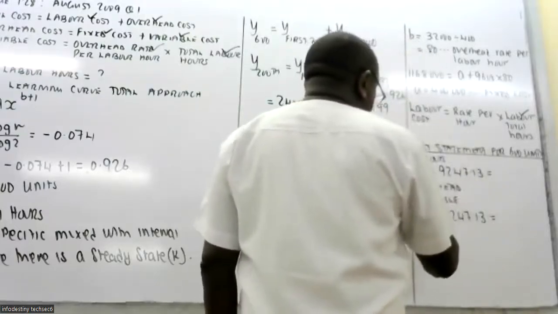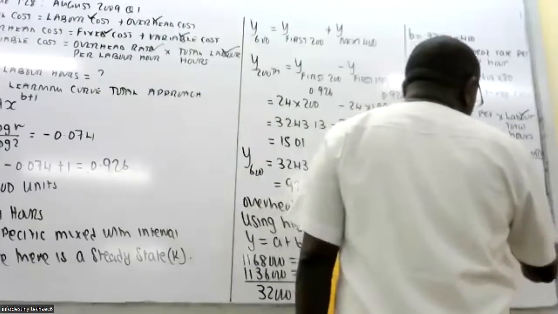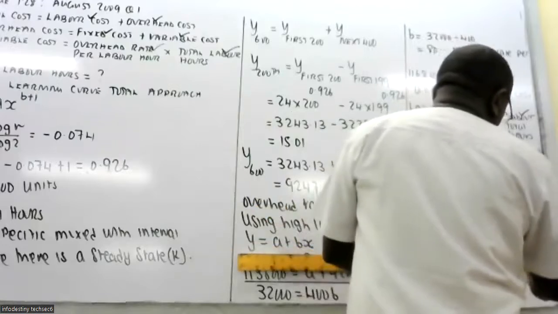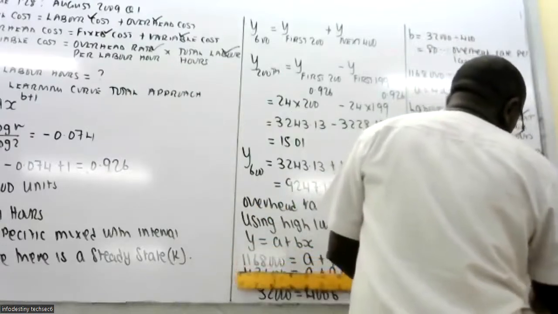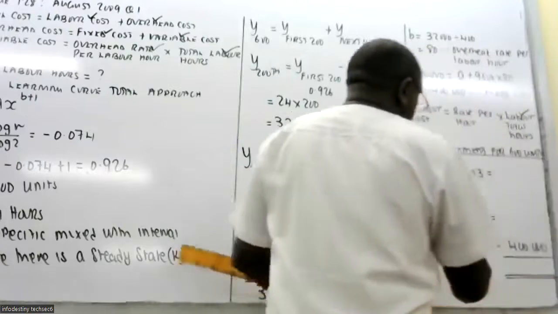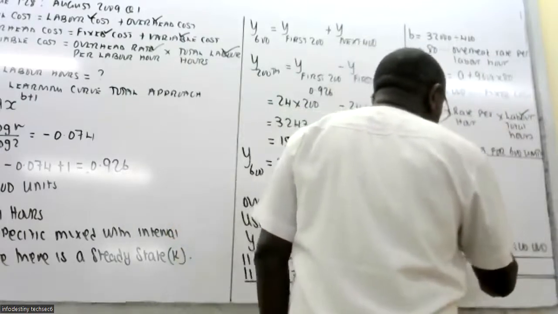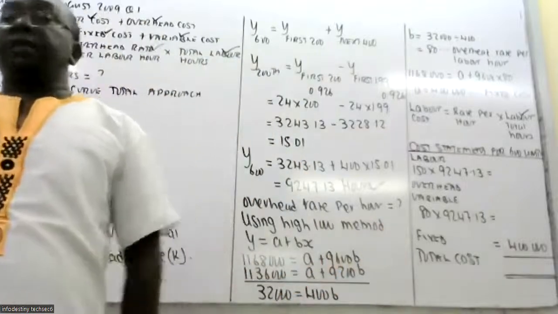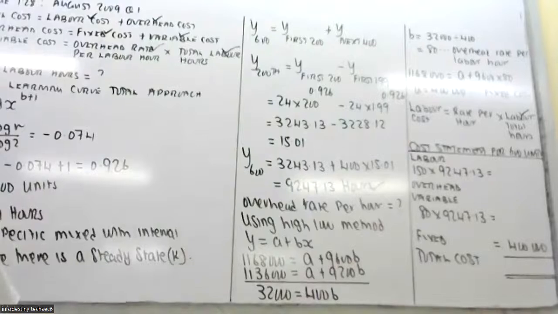Then fixed: I already know it is equal to 400,000. And that will afford me the total. That's how you go systematically in answering the questions.